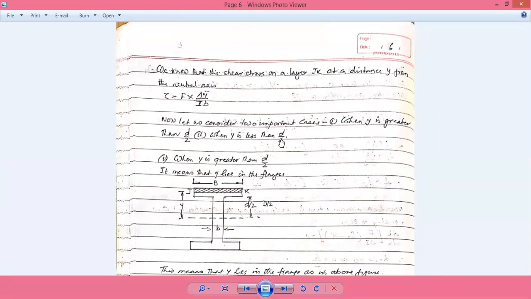When y is less than d by 2, we want to know the shear stress condition of a point acting on the web itself. So first we have to consider the shear stress over the flange, and next we will discuss the shear stress over the web itself.